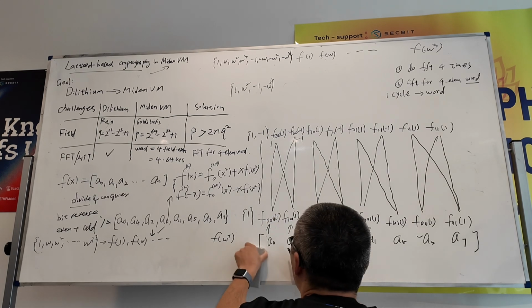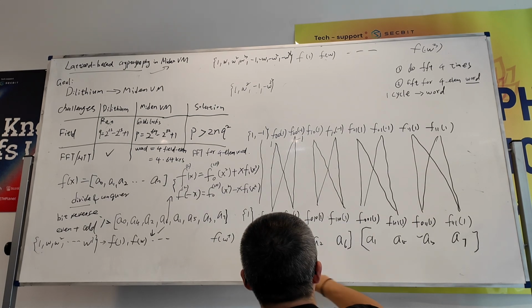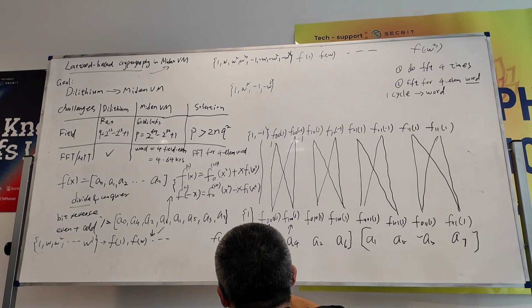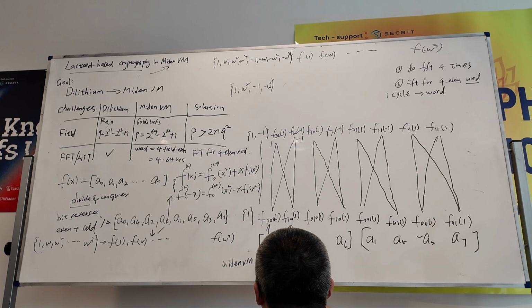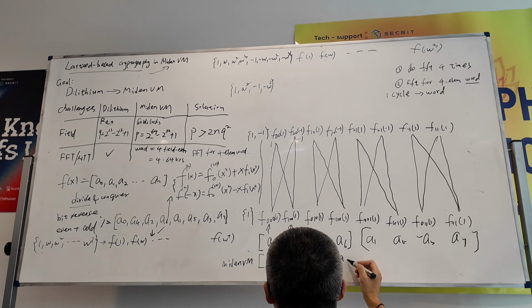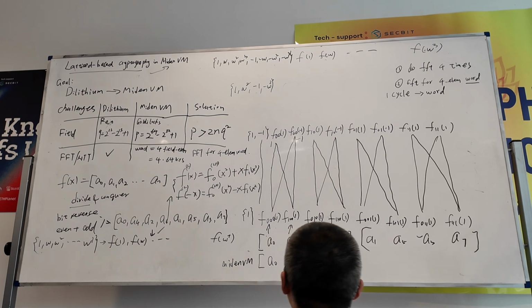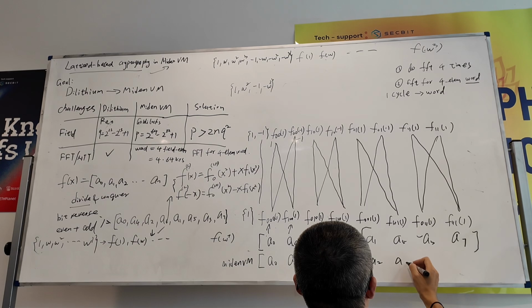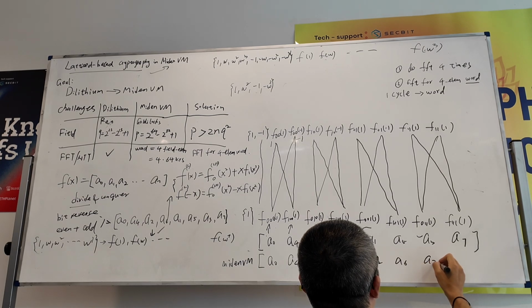I remember that there is an arrangement different from this coefficient order. In Miden VM, the coefficients are like this: A0, A5, A1, A4, A1, A5. This one will be A2, A6, A3, A7.